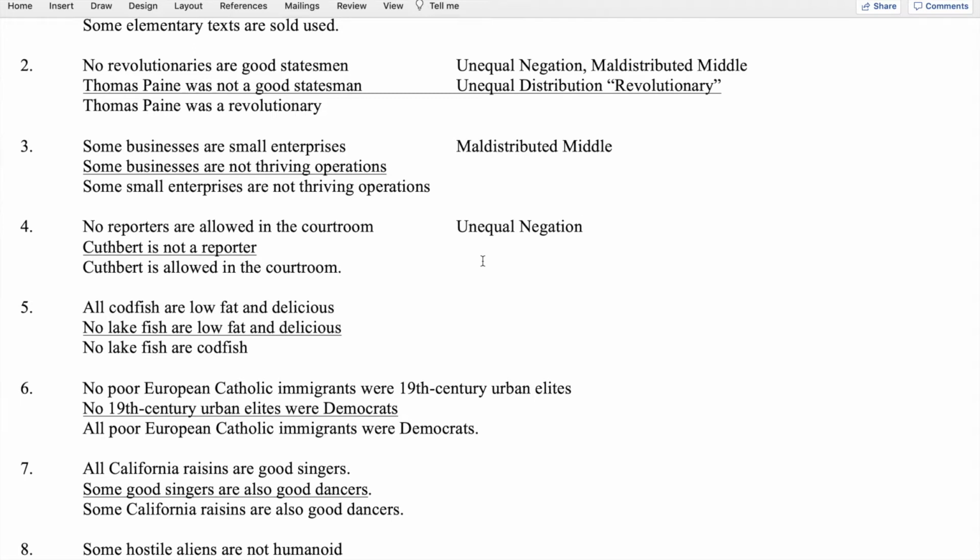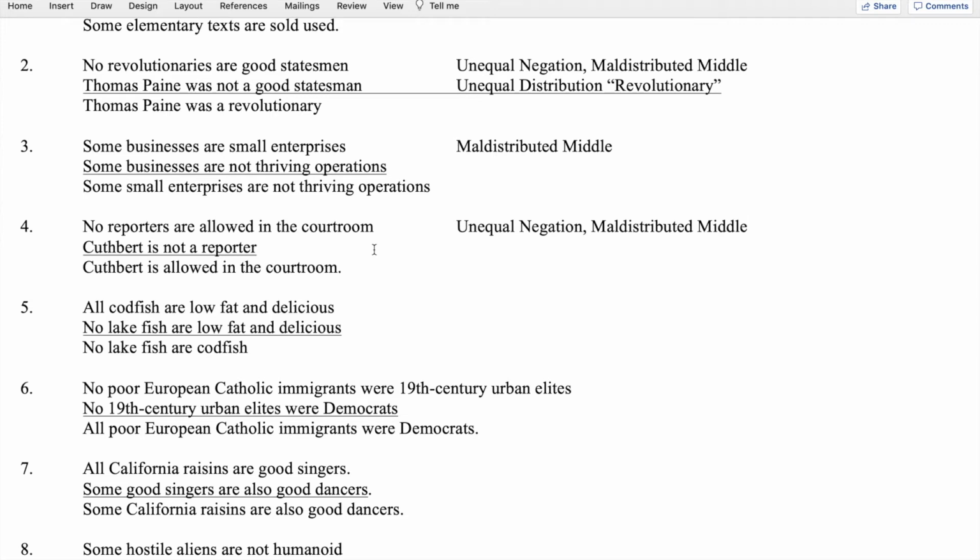The middle term here is reporters, and reporters is distributed in the first premise because it's subject of a universal. It's also distributed in the second premise because it's predicate of a negative, and that's maldistributed middle because middle terms must be distributed once and only once. Then we have the end term Cuthbert.